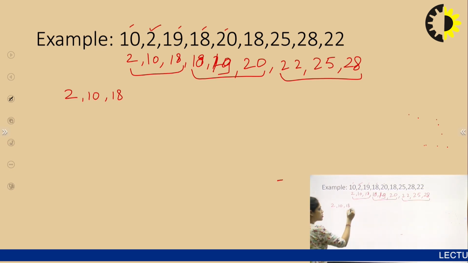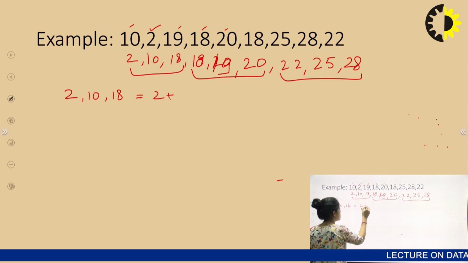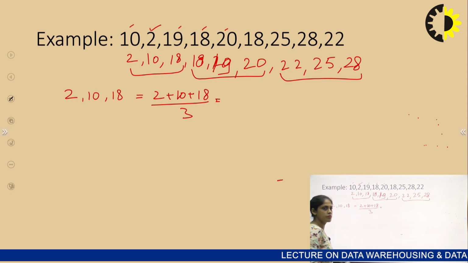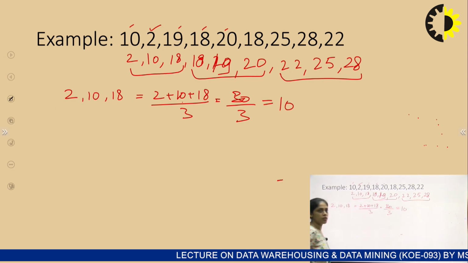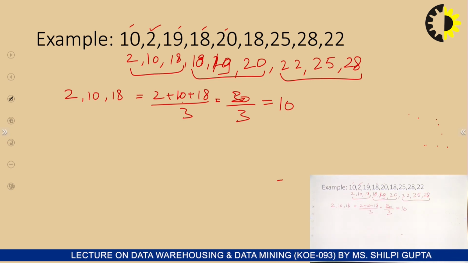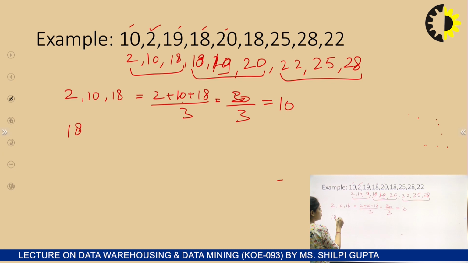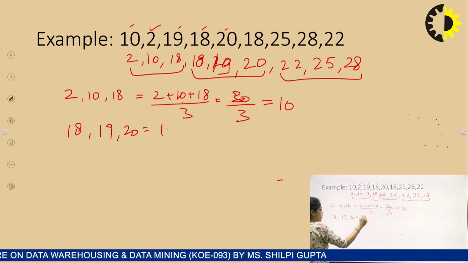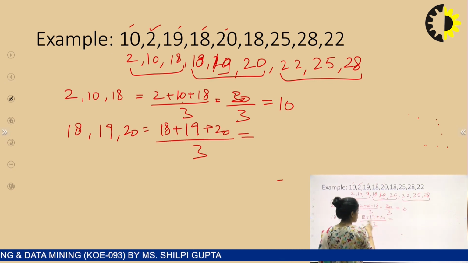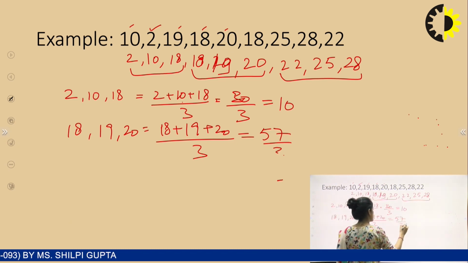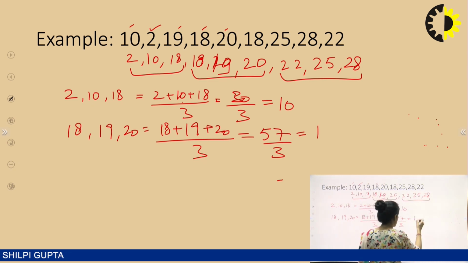If we take the mean of it, it will be 2 plus 10 plus 18 divided by 3. That is 30 by 3, that will be 10. Next, 18 plus 19 plus 20 divided by 3, that is 57 by 3, which is 19.